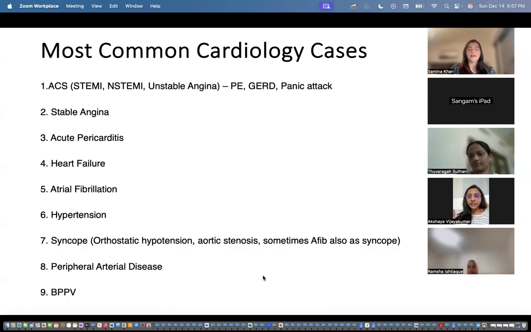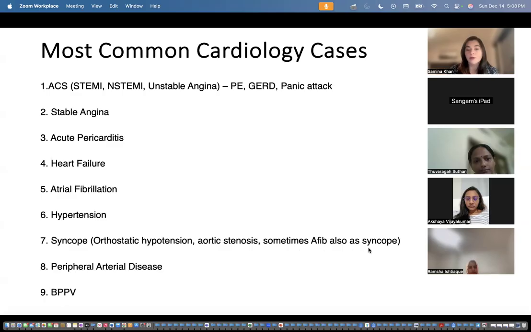Yes. Awesome. Thank you, Mushtaba, for letting me know. Okay, so I was telling you the reason I put the PE, GERD, or panic attack here is that with a chest pain complaint, you can get some of these differentials. Similarly, with syncope, the differentials are vast. Many things can happen with syncope, but the most commonly tested topics are orthostatic hypotension and aortic stenosis.